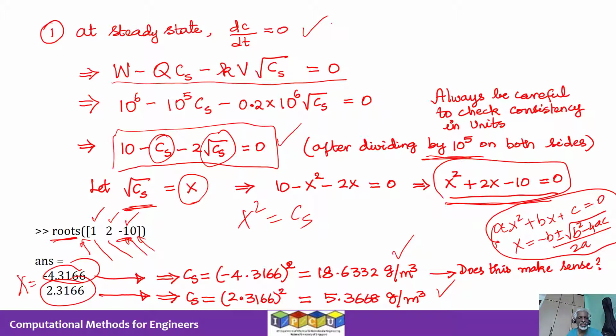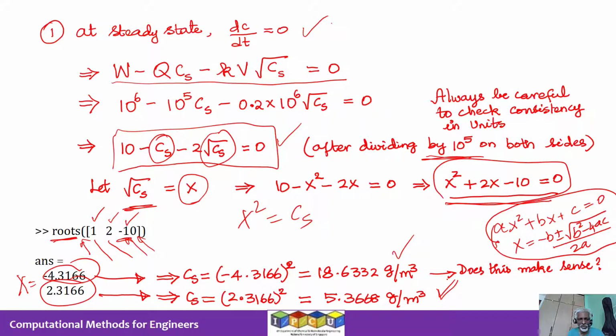Now, one of the answers makes sense because we do not want Cs to be negative. That's one thing, but we also do not want the square root of Cs to be negative. All right. So we get the two roots. Those are mathematically correct roots, but we should always look for the one that is physically meaningful. So we would say that the root which gives you Cs is equal to 5.3668 is the physically meaningful answer to this problem.